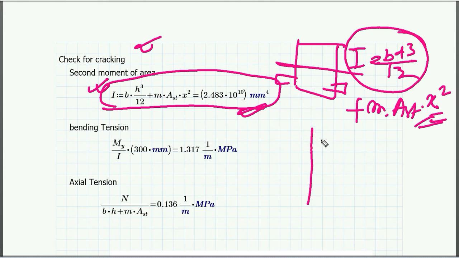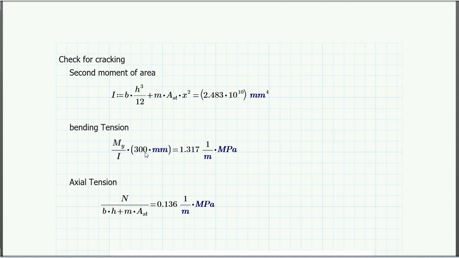As the overall section is 650 that we have assumed, y will be 650 divided by 2.